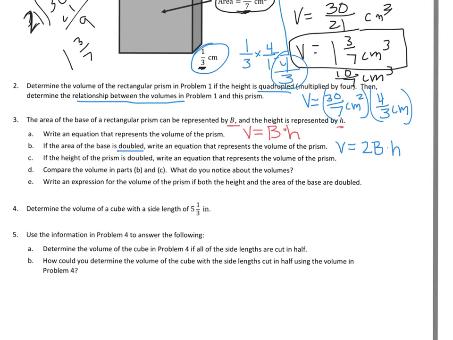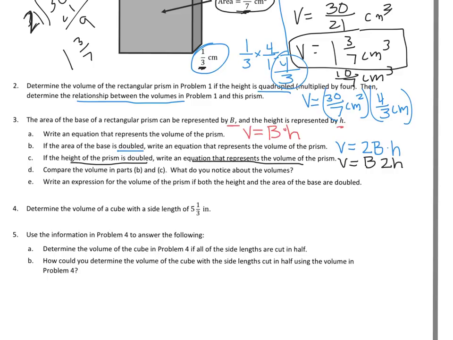Commutative property says I can go either way, but that's how I'm going to show it. C. If the height of the prism is doubled, write an equation that represents the volume. So I'm going back to my original formula of V equals capital BH, and this time it's the height. So V equals capital B 2H. And all of these are multiplications, so I can put dots in between them, but I'm going to leave it. So now I'm showing that I have to multiply the height by 2.